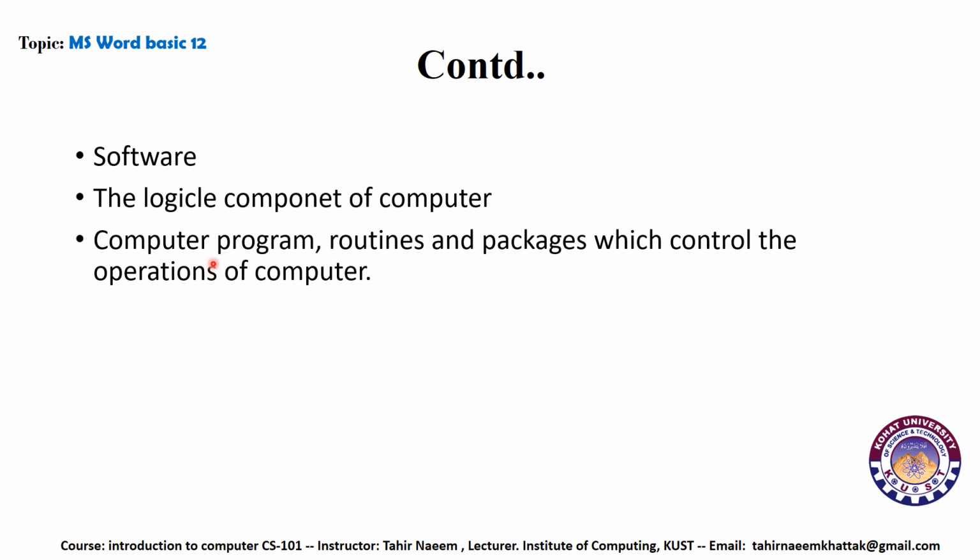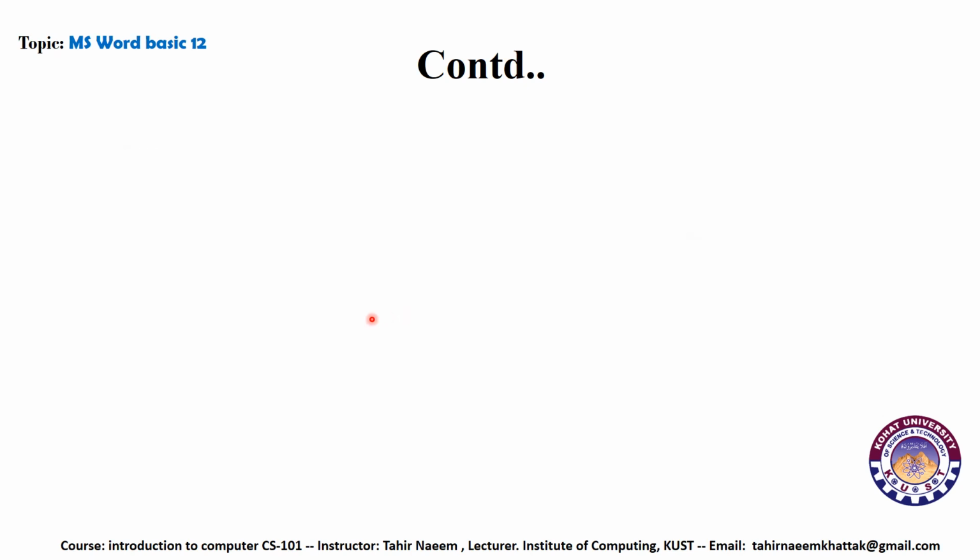Basically these are the written codes which the programmer has written to control the operations of the computer, like the operating system. The operating system controls all the functions of the computer, like browsers and others. So basically these are all software.